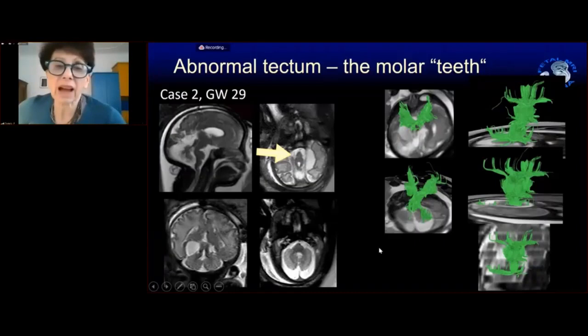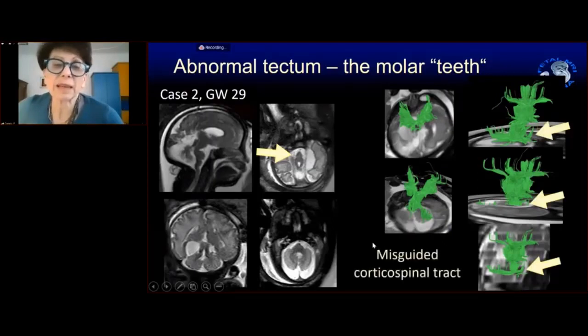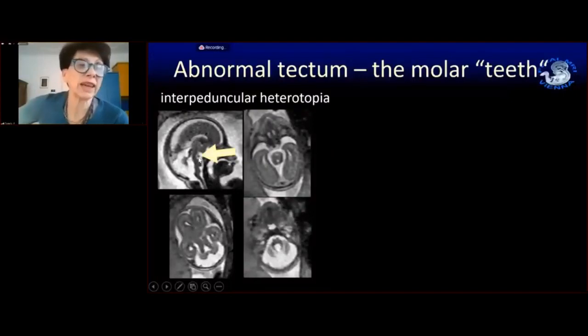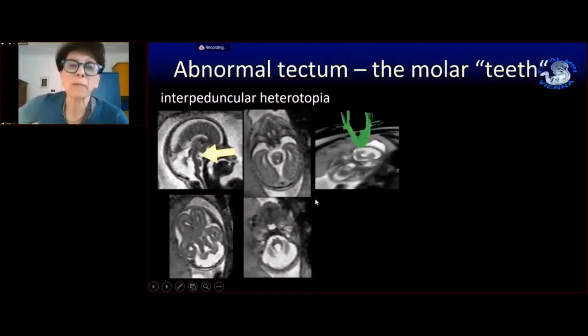They are just misguided. And here we have another example of an interpeduncular heterotopia, and usually heterotopias are gray matter, but in this case, where we could also get a postmortem histological tensor study, it was shown that it was a white matter heterotopia.